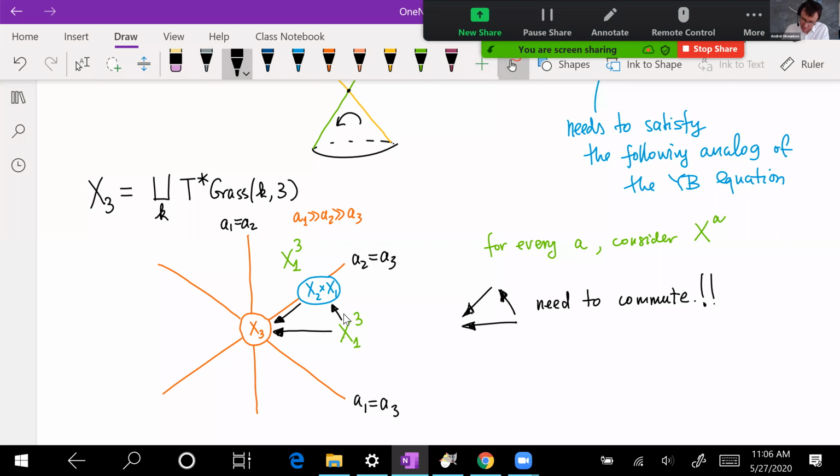Next time: introduction to equivariant K-theory, homology, equivariant K-theory. Well, let's see. What do we have in chat?